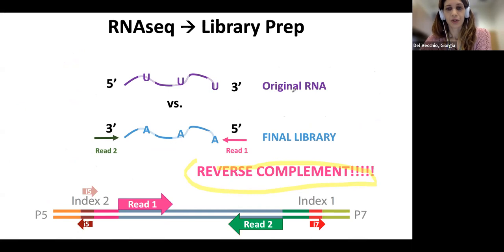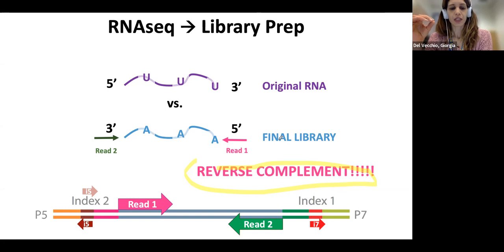So using the stranded DNA approach, we can look at the directionality of the transcript, okay? So we can say for sure from which strand the original RNA was coming from.